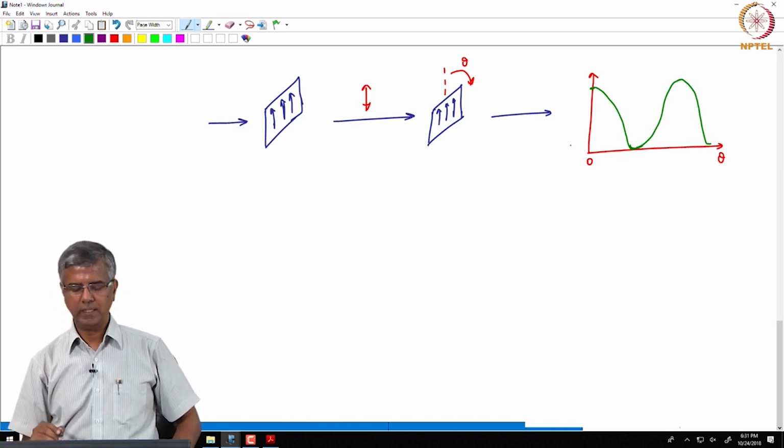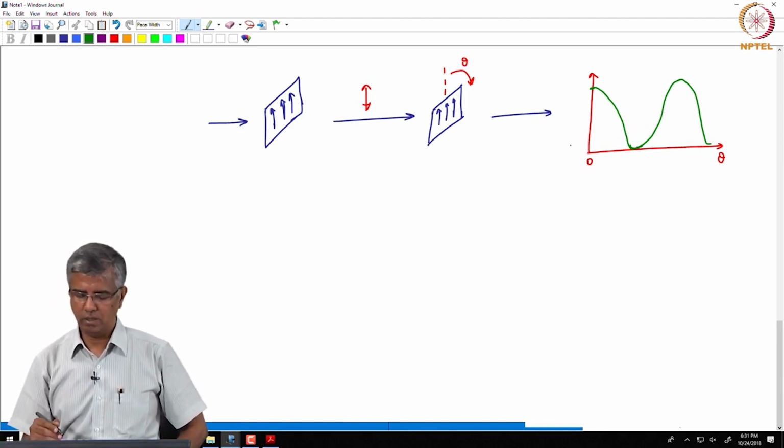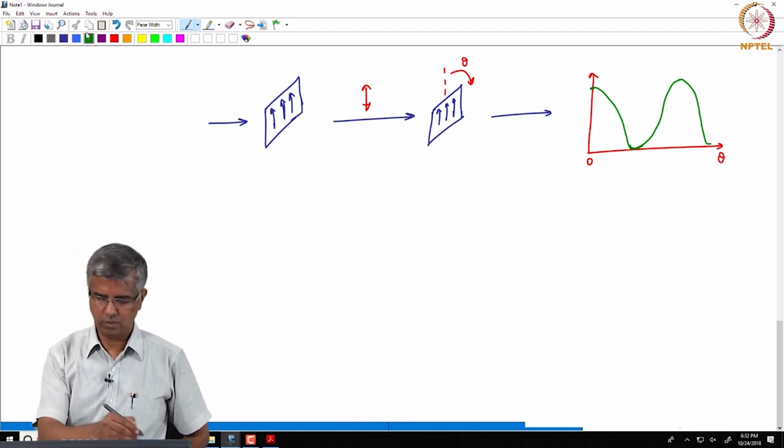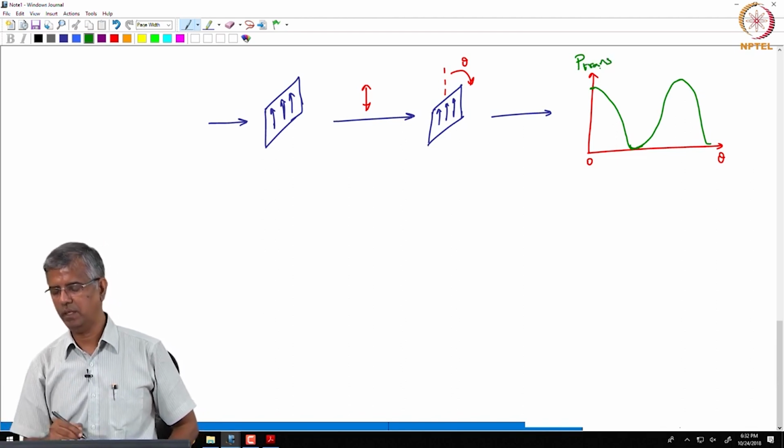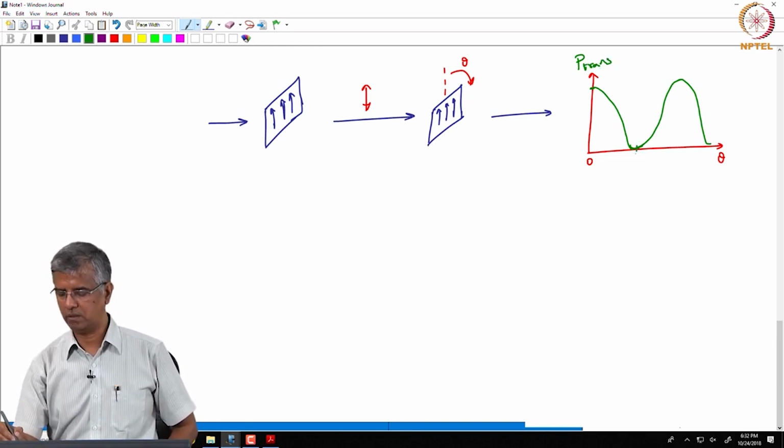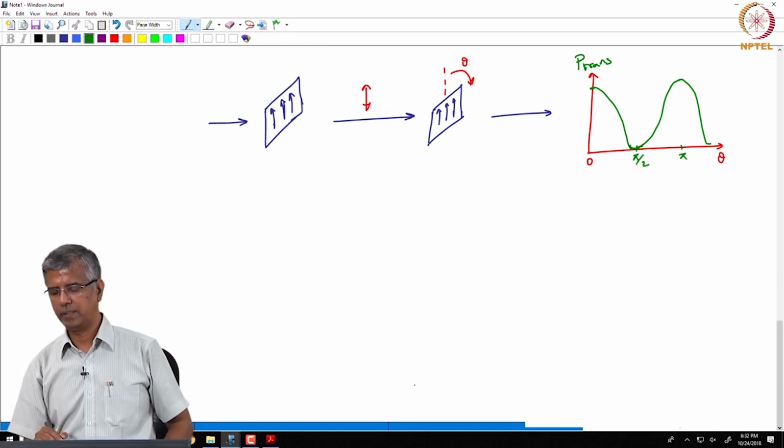Okay. So, this is basically the transmitted power, P transmitted. Okay. It goes like this. This is basically pi by 2 and this is pi.